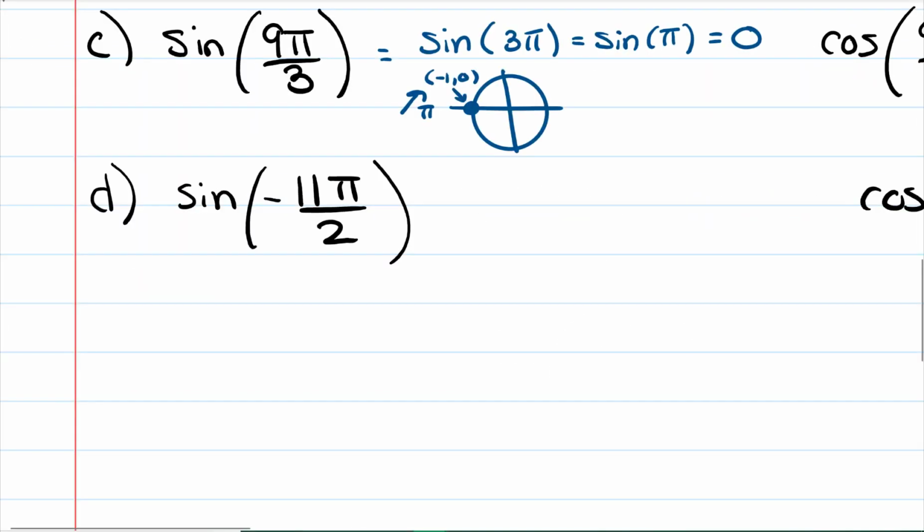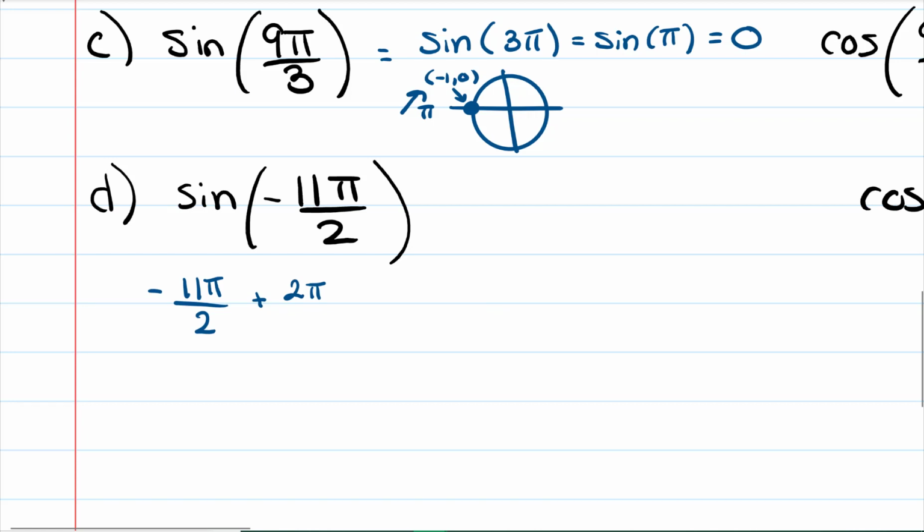Sine of negative 11 pi over 2 is not bigger than 0, so we need to add something. So I go negative 11 pi over 2 plus 2 pi. Well, I also noticed that 2 pi, when I do common denominators, is going to be 4 over 2. That's going to be negative 7.